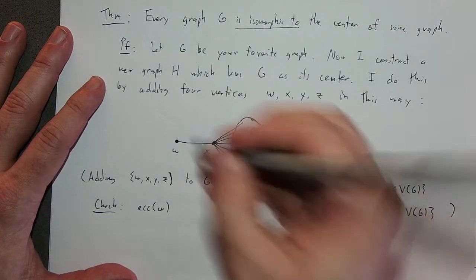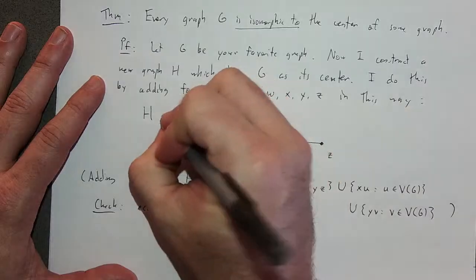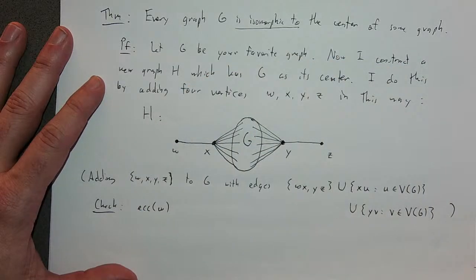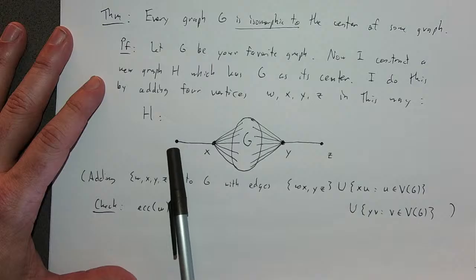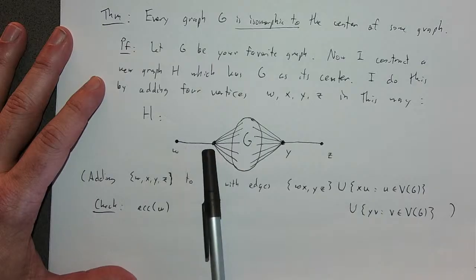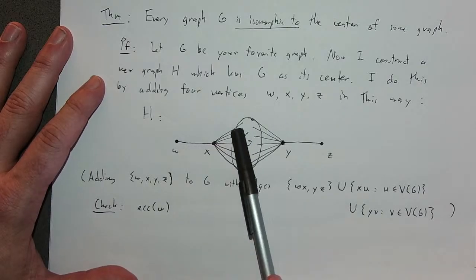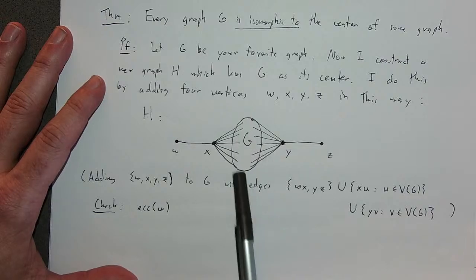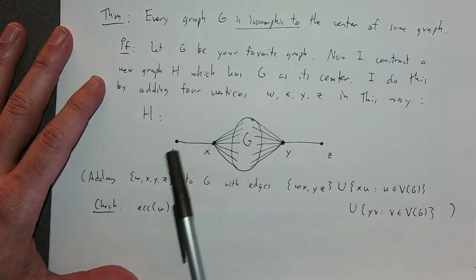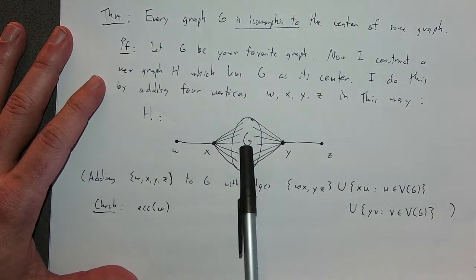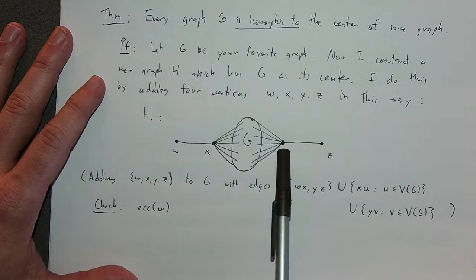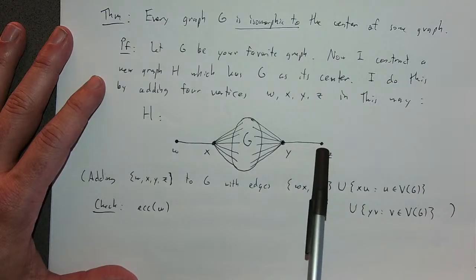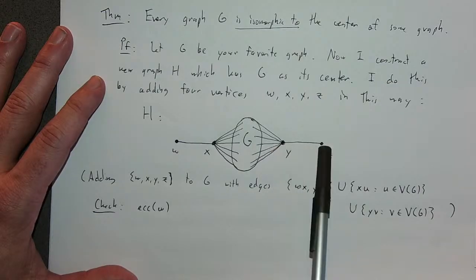So here's my graph H. W can be connected to X in one step. That's 1. Then W can be connected to any vertex in G in 2 steps. That is, you go to X and then you go to any vertex you want. From any vertex in G, it can get to Y in 3 steps, so its distance to Y is 3. Its distance to Z is 4, because this is the only last thing to do here.